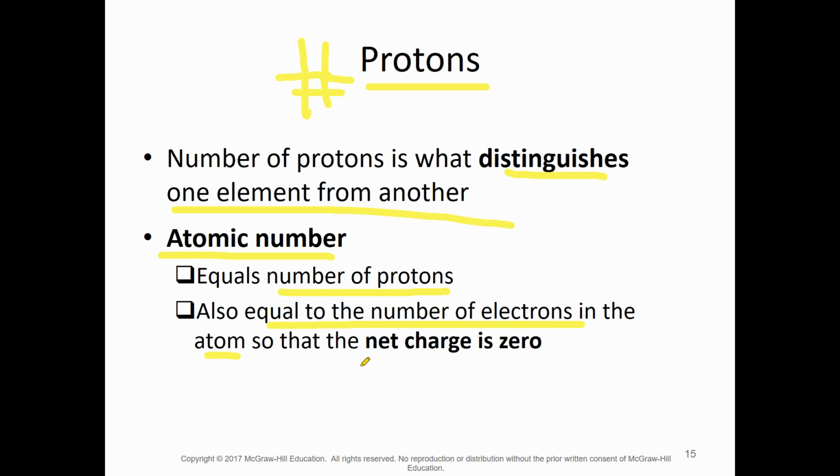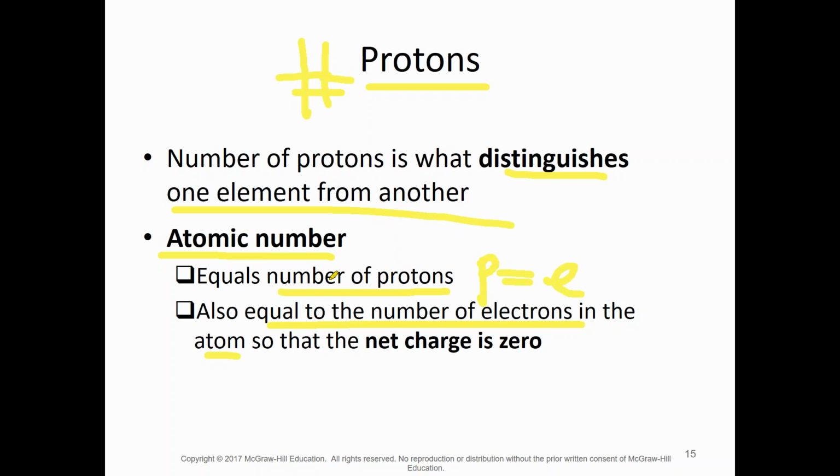Atoms are electrically neutral, right? And since they are, the number of protons equals the number of electrons in a neutral atom. So when you're given the atomic number, you're actually given information about the number of protons and the number of electrons.